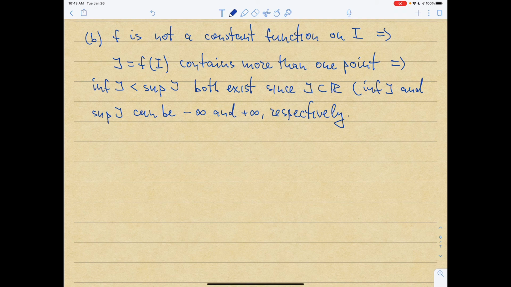All right, very good. So next, let's observe the following. Following from this, the interval from the infimum of J to the supremum of J, of course, this interval is not empty, has a length greater than 0.